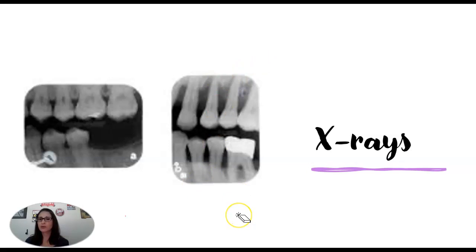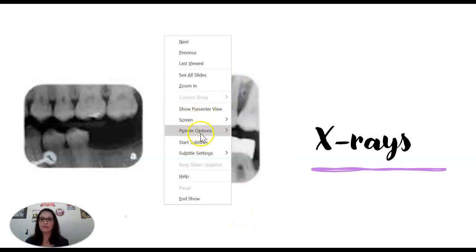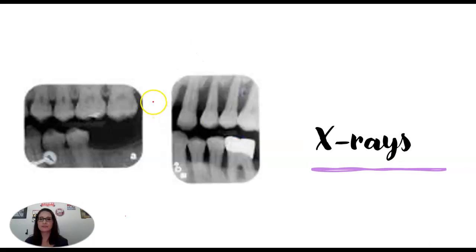So we're able to determine, especially if the bone loss is a little bit more severe, because had we just taken on this patient a horizontal bite wing, all we would have been able to see on this patient is what would be in between this area here.